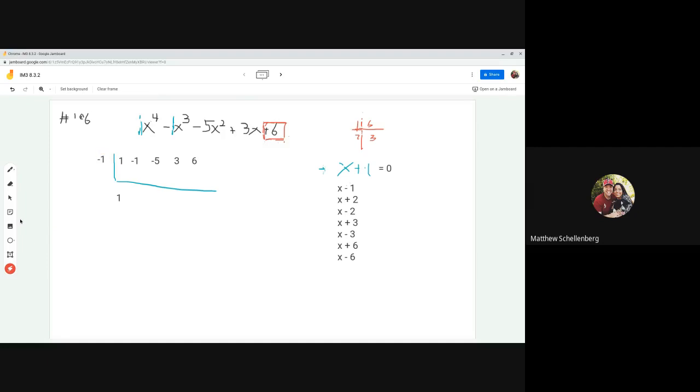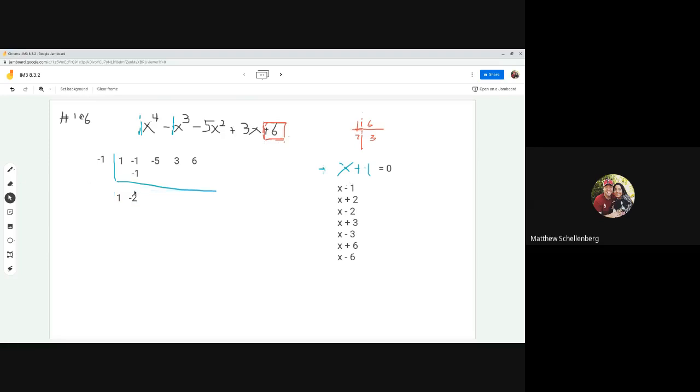So 1 times -1 is -1. I'm going to put that number right here. And then you add them up. -1 plus -1 is -2. So we're going to have -2.